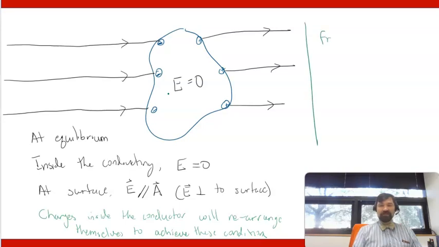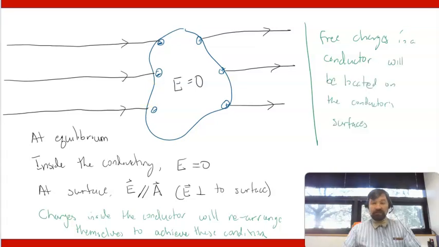So we could say free charges in a conductor are at the surfaces of the conductor. And again, that is actually just a condition of equilibrium for the conductor. So there's E equals 0, but also there's no charges located inside the bulk of the conductor.